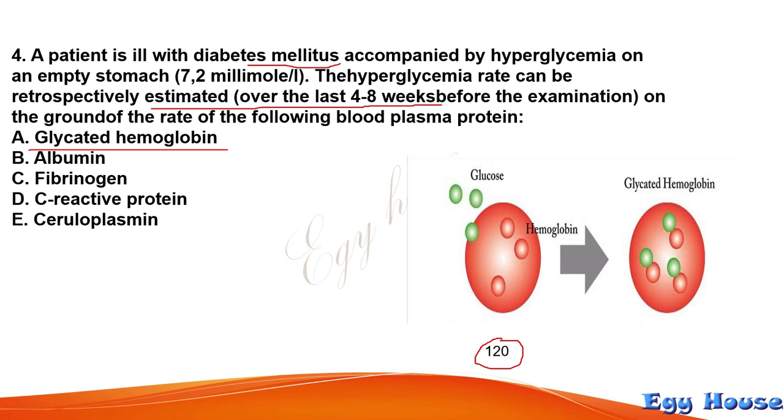But if the doctor wants to estimate your glucose blood level in the past month, he can take your blood and analyze the RBCs and find within the RBCs, attached to hemoglobin, the glucose molecules. So glycated hemoglobins are a marker of previous glucose levels within the blood.